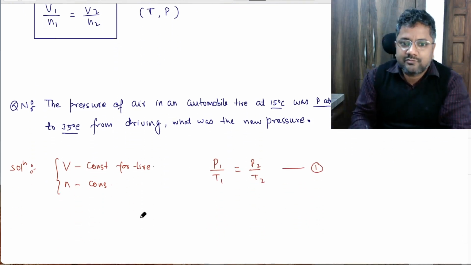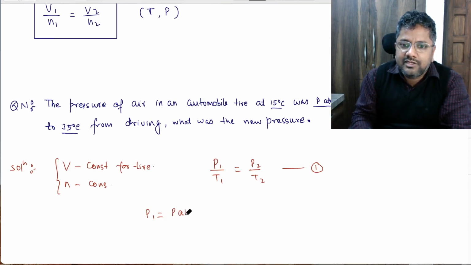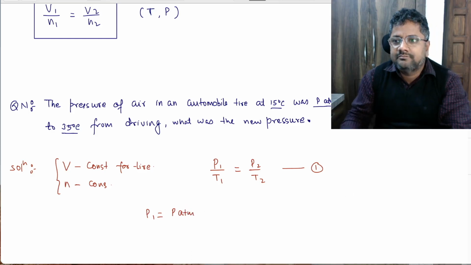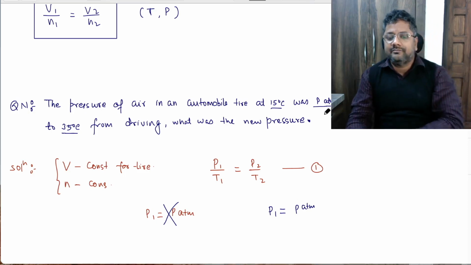First, what is P1? So P1 is equal to what is given? P atm. But if you use P1 is equal to P atm, your answer will be wrong. You know why? See, the pressure of air in an automobile tire was P atm.